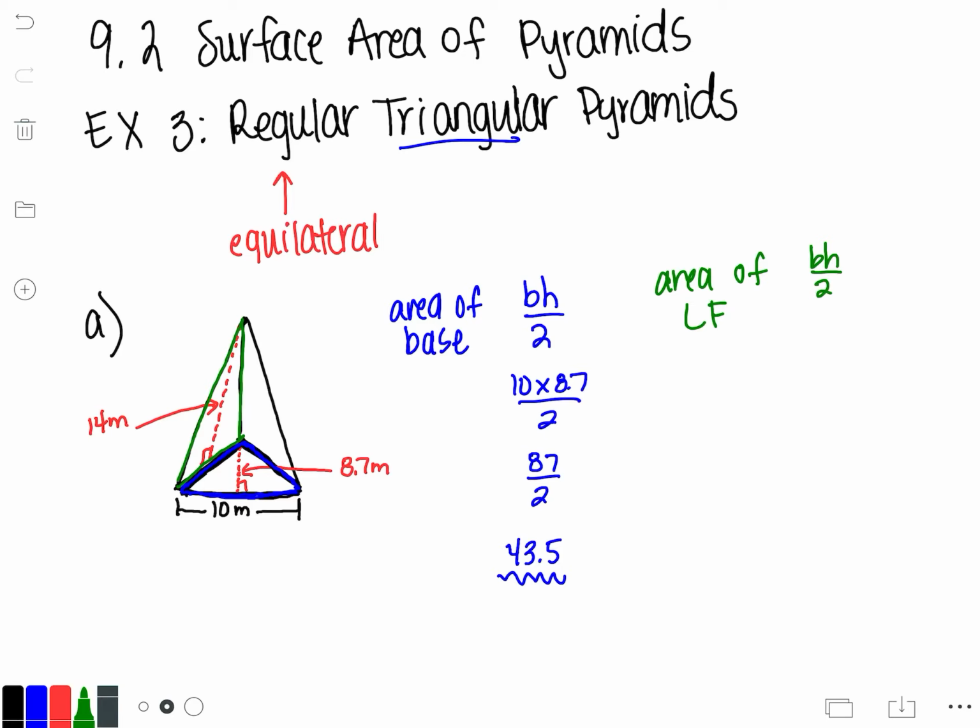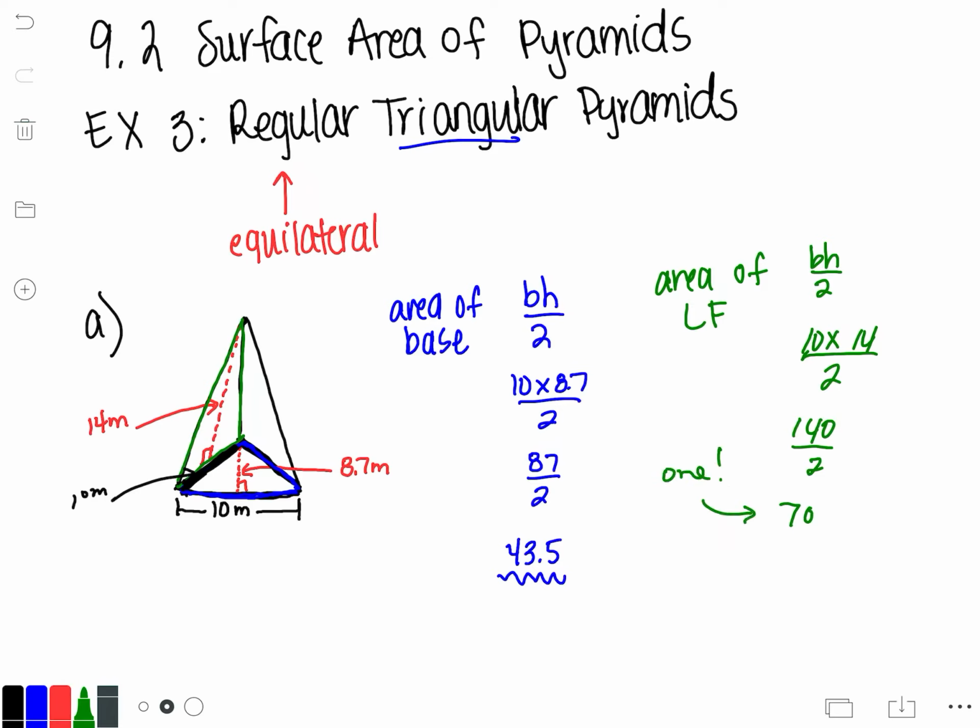Remember, if this is a regular triangle or an equilateral triangle, this base down here is also 10 meters. So you've got 10. The height of your lateral faces, that's what the 14 represents, and then you'll divide by 2. So this is 140 divided by 2. So one lateral face is 70, just one.